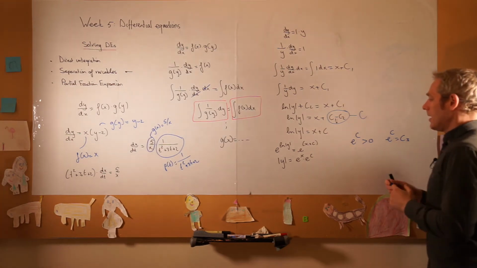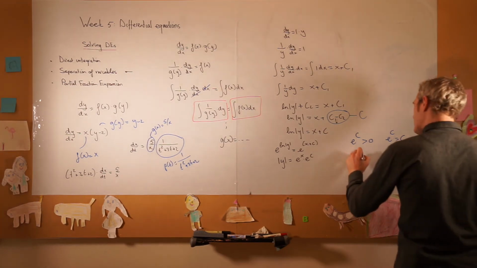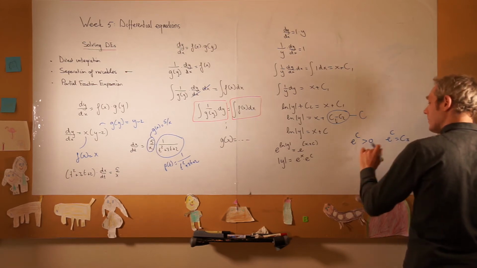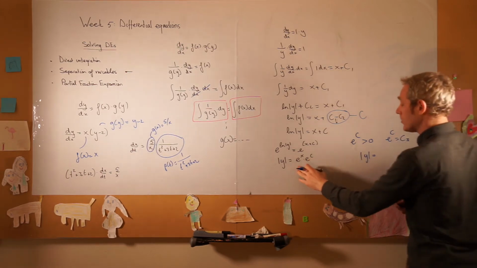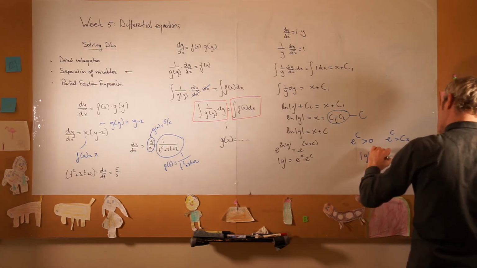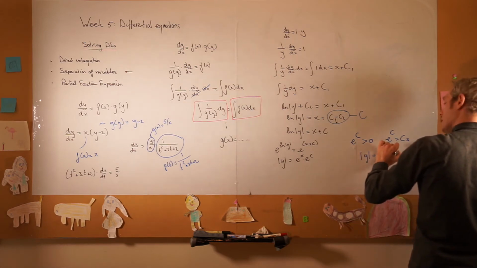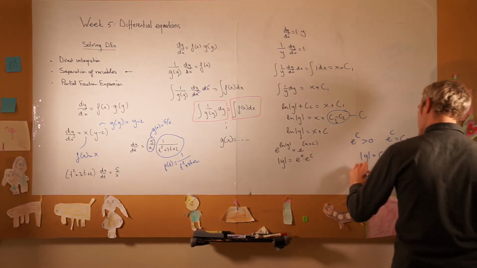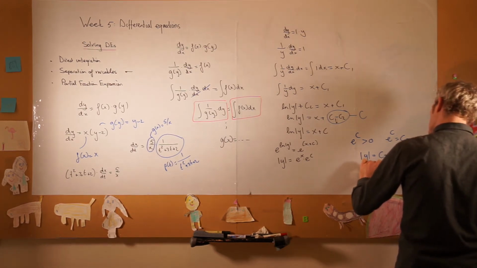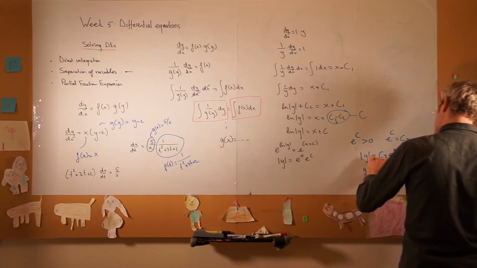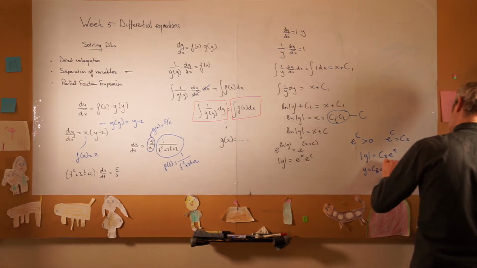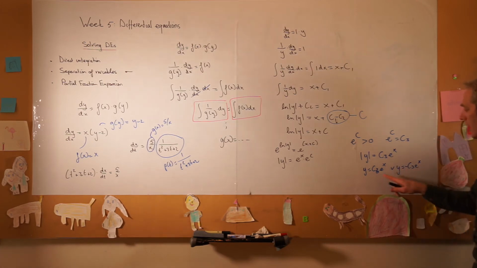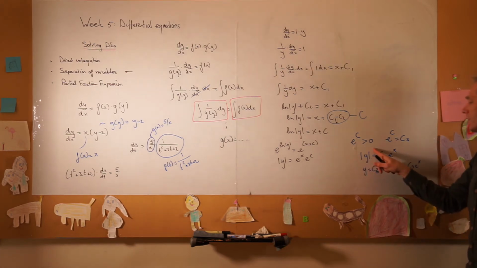If an absolute value is equal to something, and by the way, e to the power of x is also always positive, so we get c3 e to the power of x. We know that y is equal to some constant times e to the power of x, or y is equal to minus that constant times e to the power of x. And that is the way we remove these absolute values.